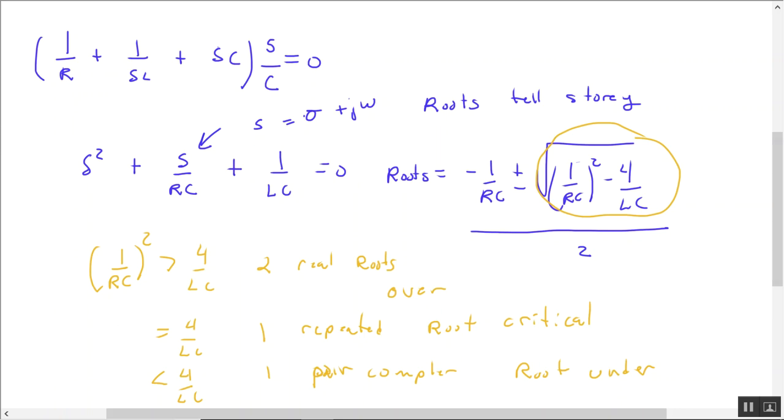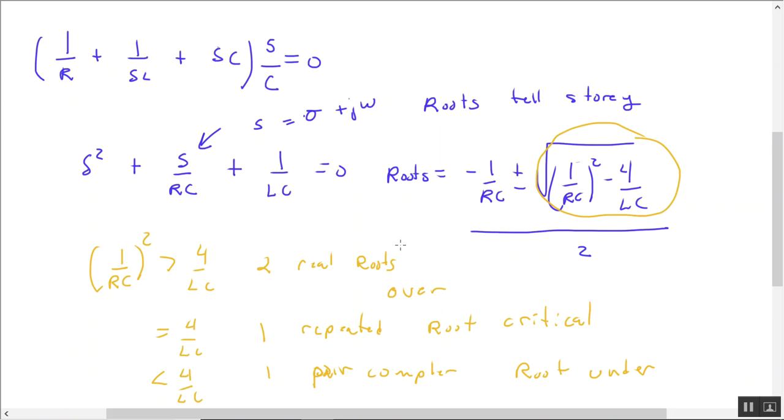But really, working in the S domain here, and setting the input voltage or current, the input, to 0, all I have to do is find the impedance picture, and I can tell what this system is going to do.